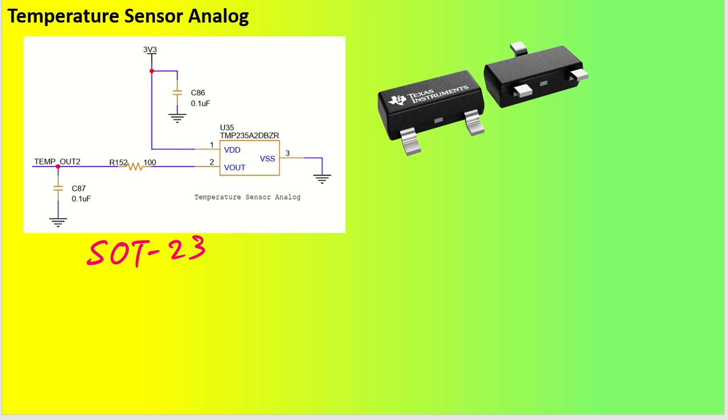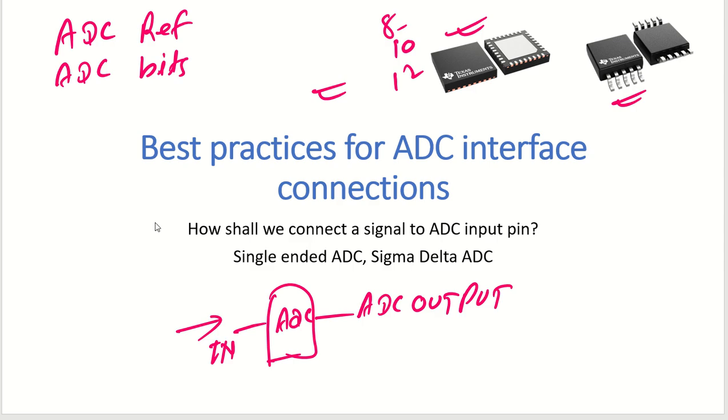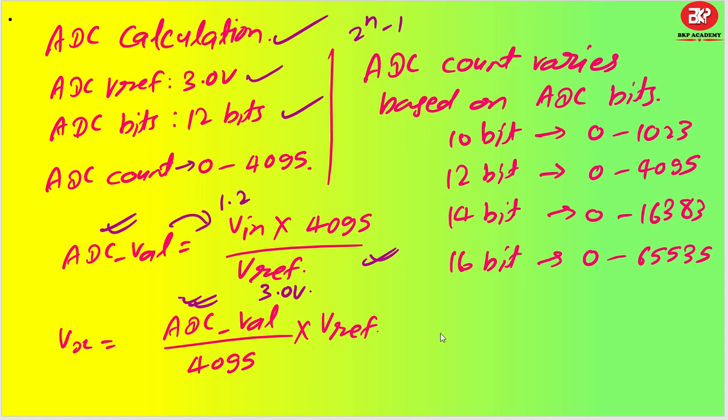So hope you now have a very good understanding of how to start with ADC voltage division, how to send it to a buffer, then how to design a particular low pass filter, and what is the process of calculation of ADC voltage levels and ADC values. All these things you have an understanding of. Thank you.